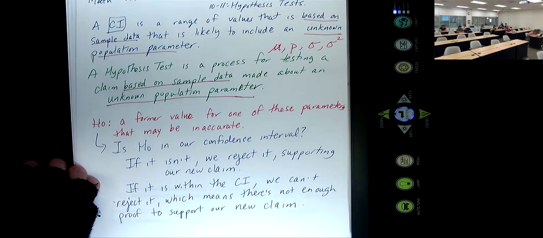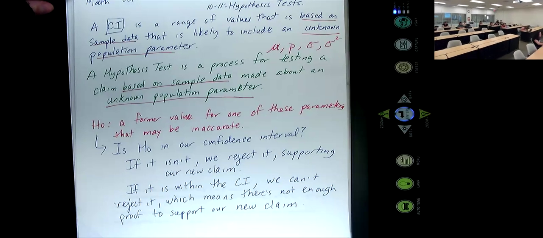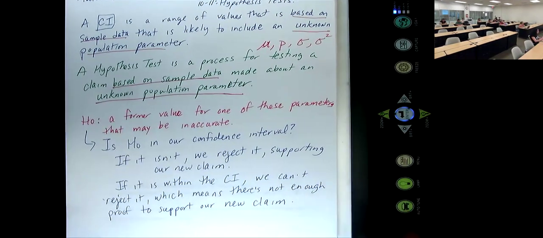Some of you are young whippersnappers, like our calligraphy writer over here. I sure hope you have nice handwriting.